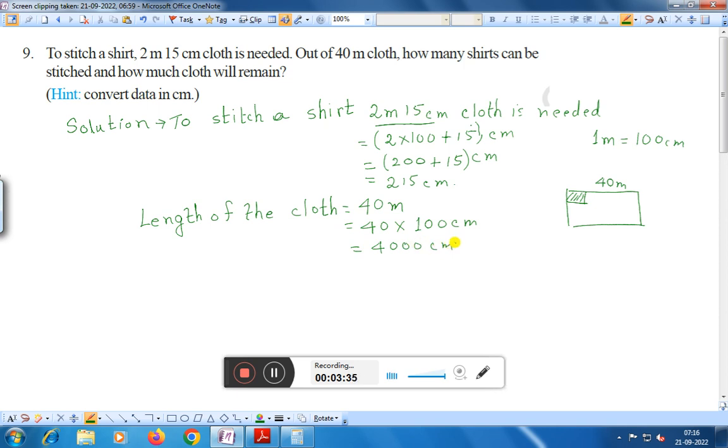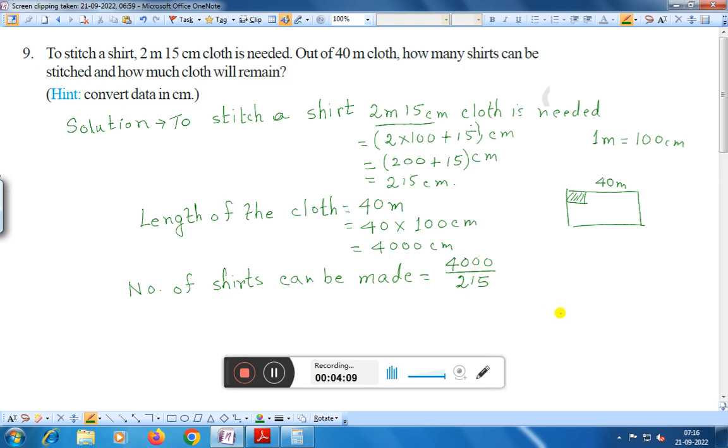Right? Therefore, number of shirts that can be made is equal to 4000 divided by 215.